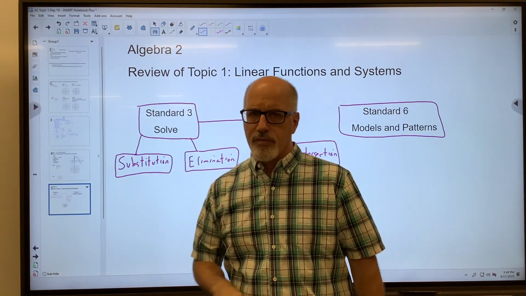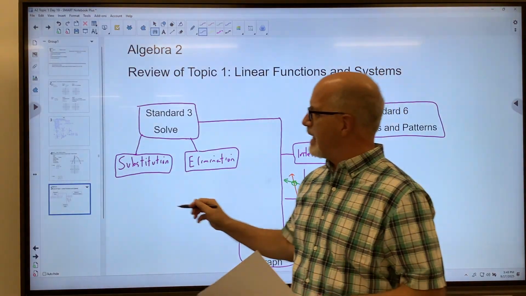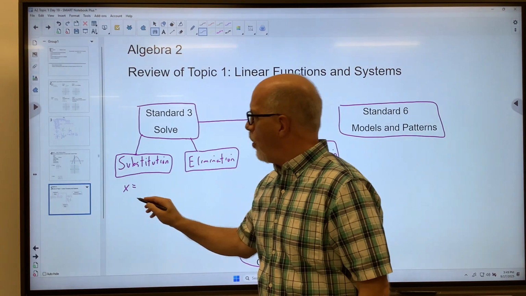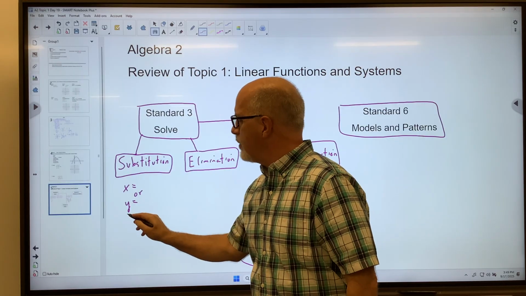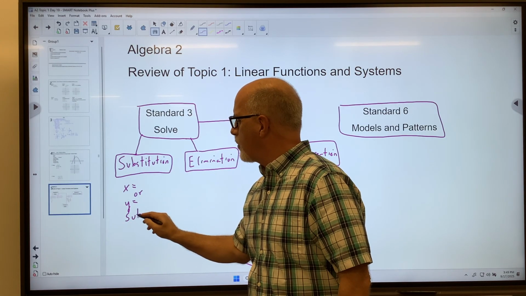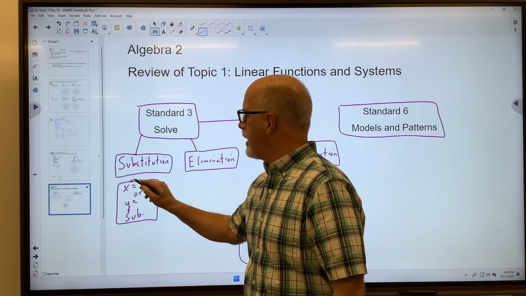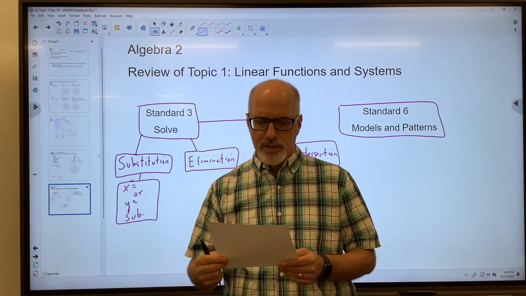We're going to refer to it as elimination. When you do substitution, you try to get either x equals something or y equals something, and then you substitute into the other equation. So x equals or y equals on one of the equations, substitute into the other equation and solve.